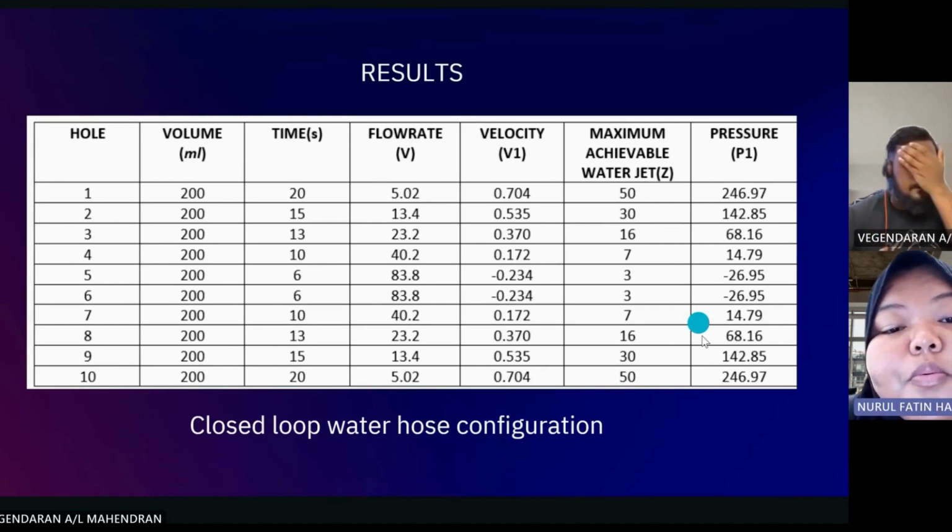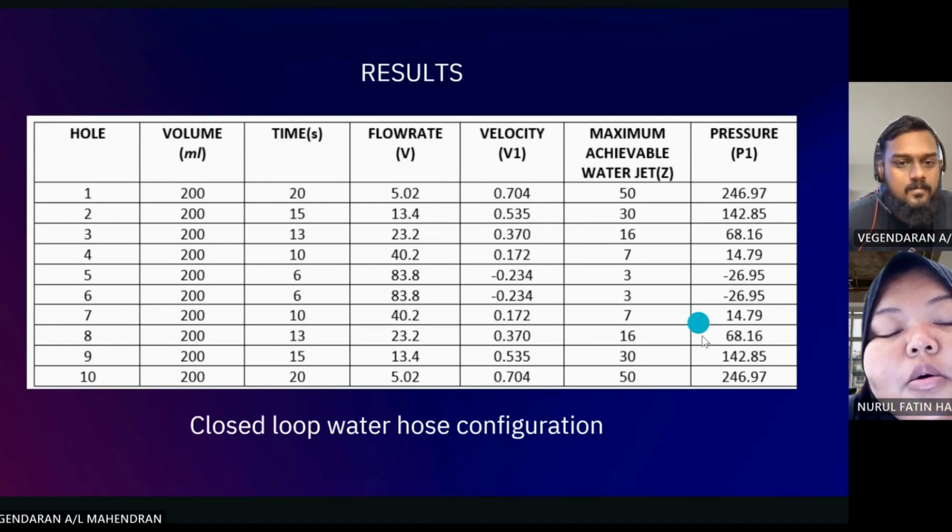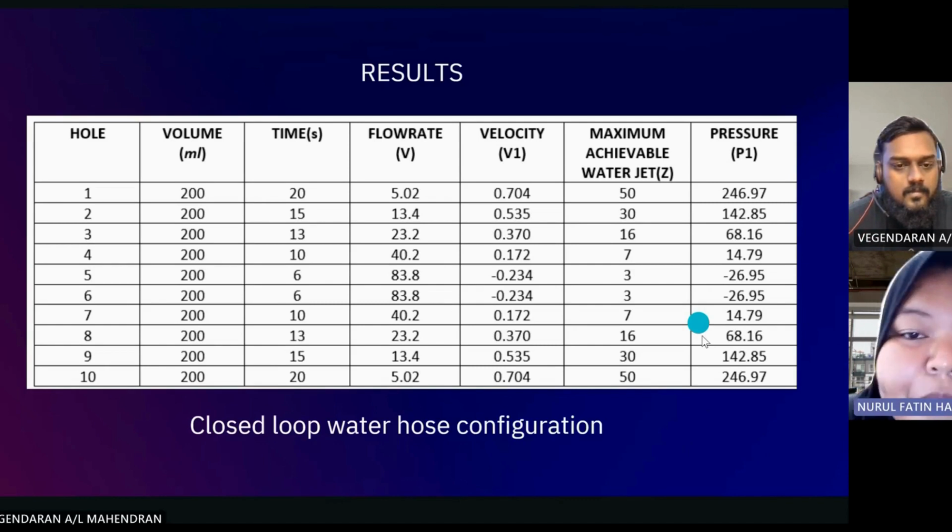From hole 4, we got 10. Hole 5, we got 6. Hole 6, also 6. Hole 7, we got 10. Hole 8, we got 20. For 9, we got 50. For 10, we got 20.